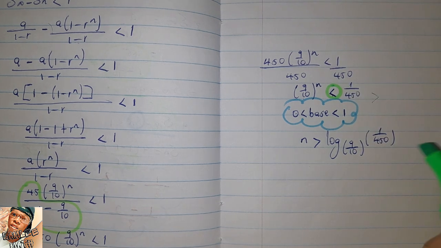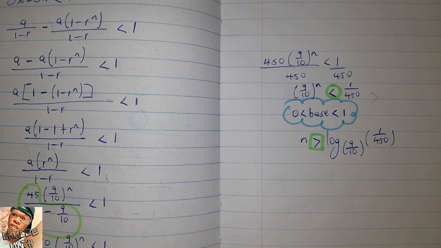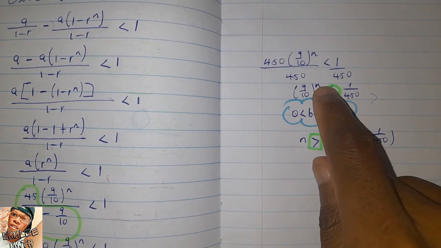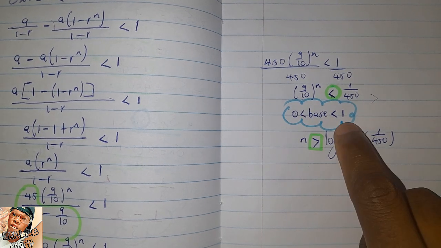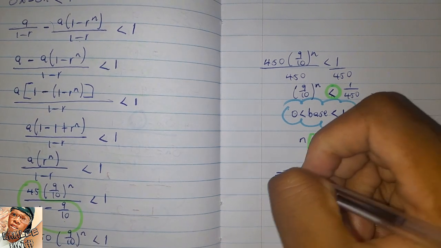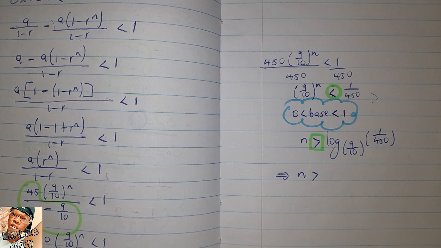Now it has changed direction to being bigger than. Why? Because the base of the exponent that we are looking for is greater than 0 but less than 1. I hope that is clear. Now we just press the calculator. This implies that n is greater than, and then we just press our calculator.